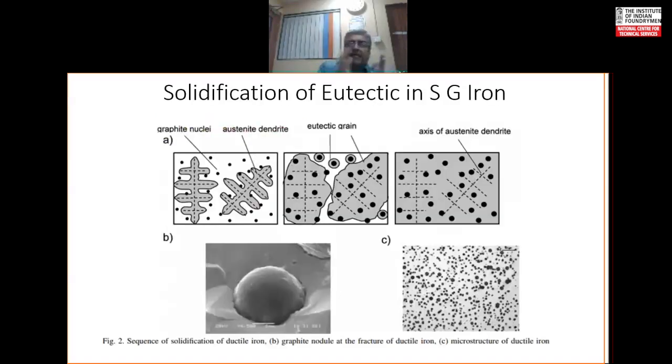If you take eutectic composition, then this picture is pretty clear. You have these graphite nuclei in the liquid and you have this primary austenite coming out. And these are dendrite arms, and you'll find some nodules are being trapped in the liquid between the dendrite arms.